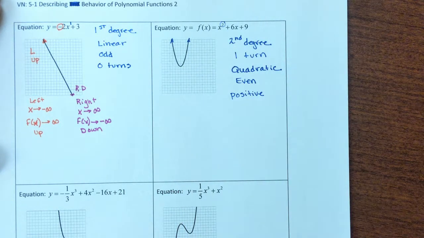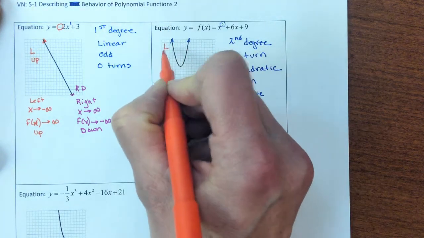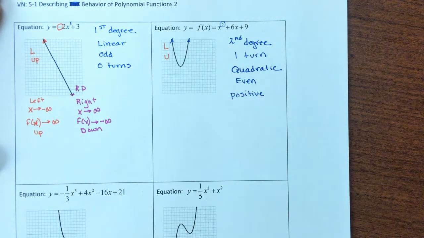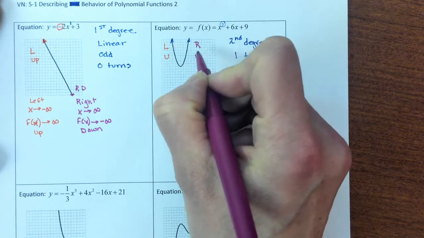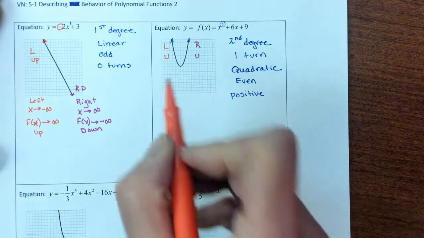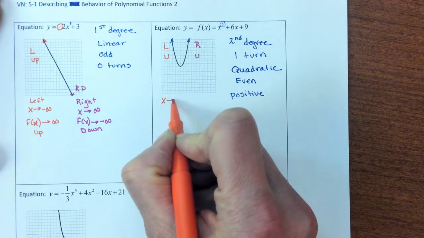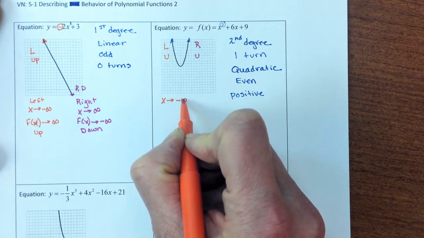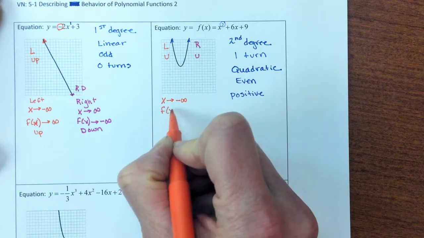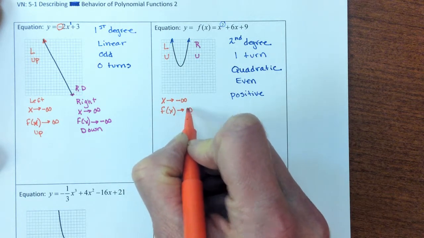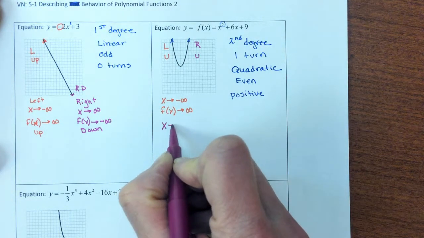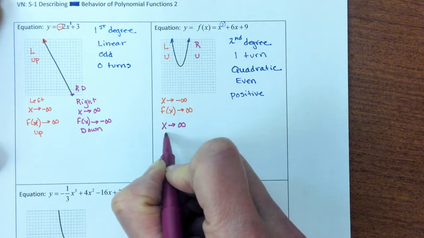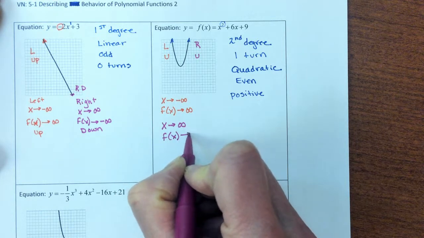So let's review end behavior. On the left side, it's going up, and on the right side, it's also going up. So we're going to write our left side as: as x goes to negative infinity, our function is going up. On the right side, we can say as x is going to positive infinity, my function is going up.